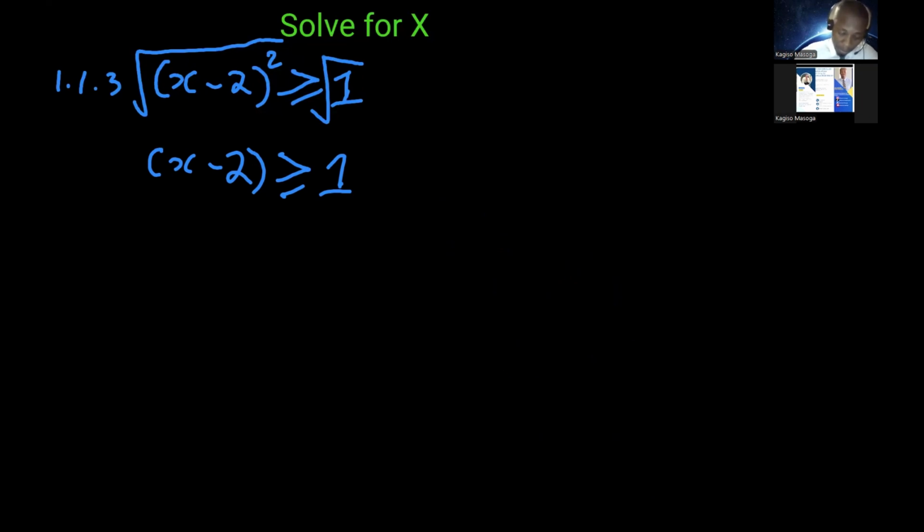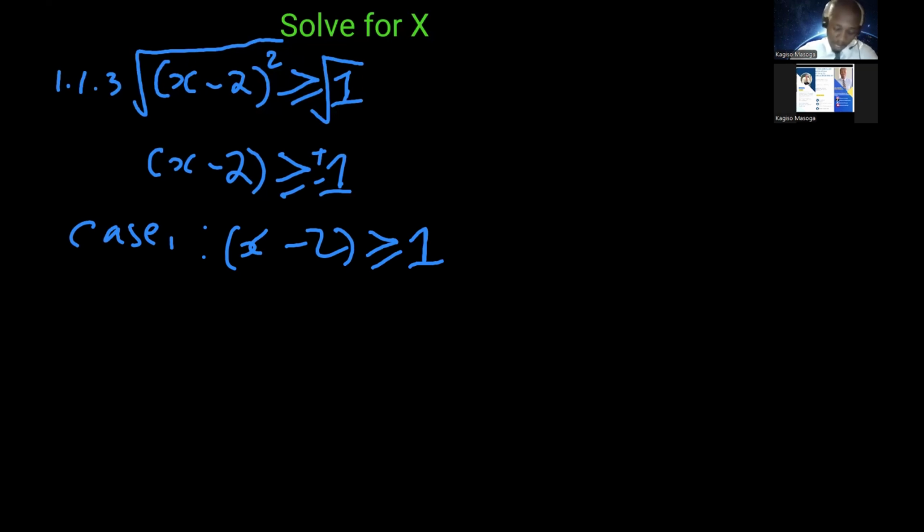So now we have plus or minus here. Start with case 1. It's going to be x minus 2 and 1, so x minus 2 is greater than or equal to 1.